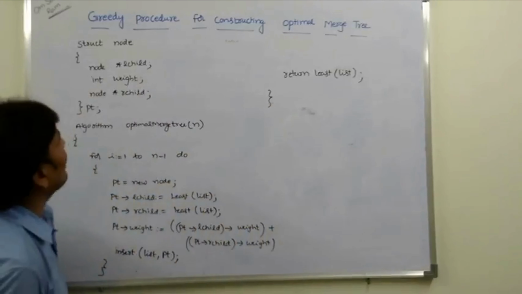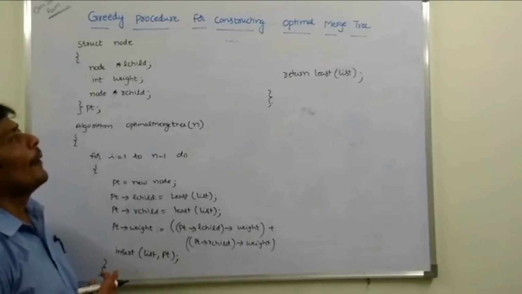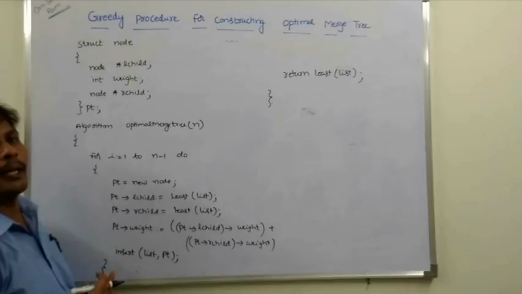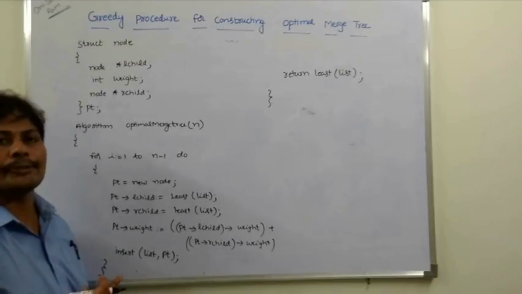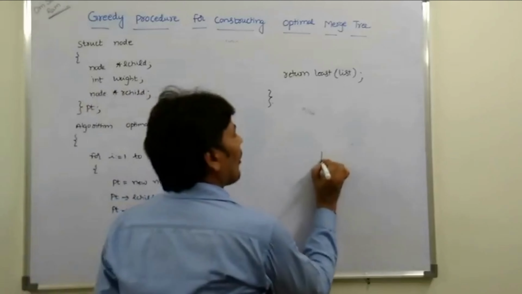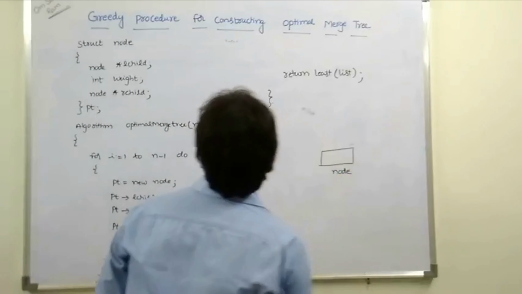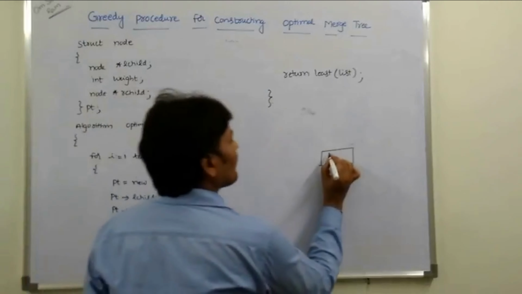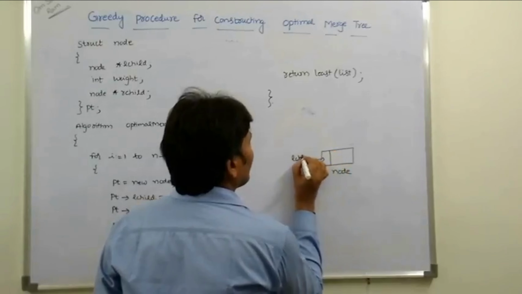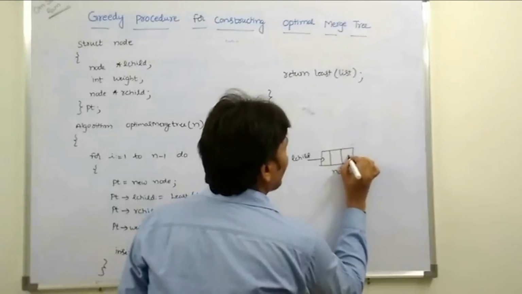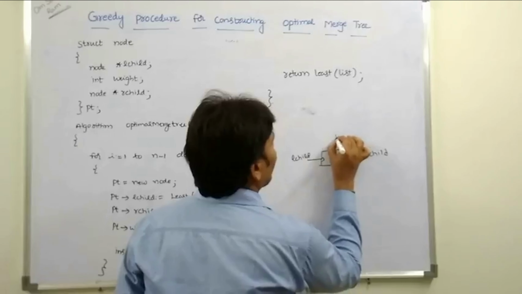So this is the algorithm used for constructing the optimal binary merge tree. Now we are creating a structure called node. So this node contains three parts. The first part is L child, this part is R child, and this part is weight.